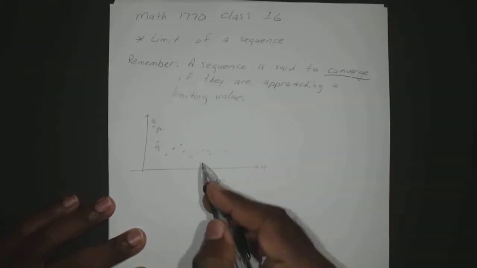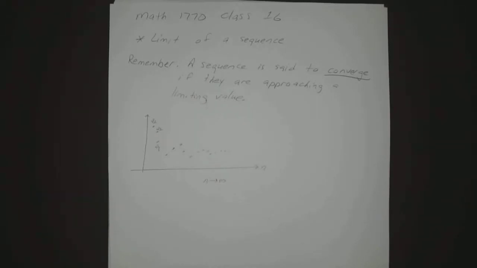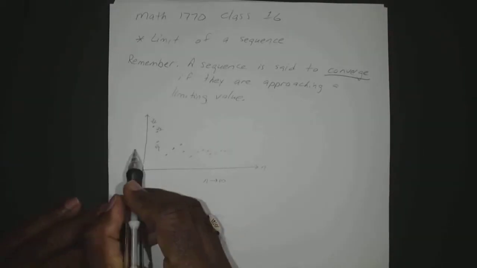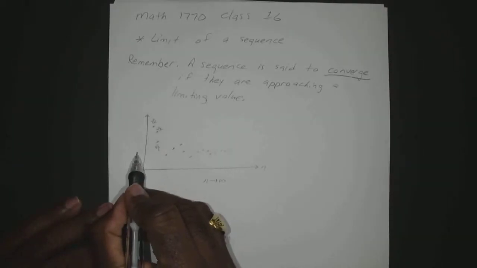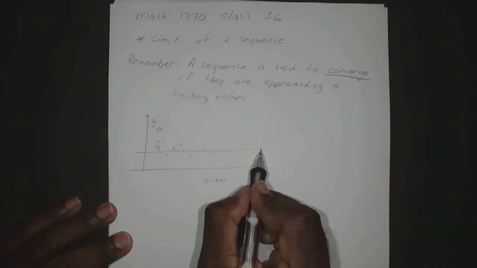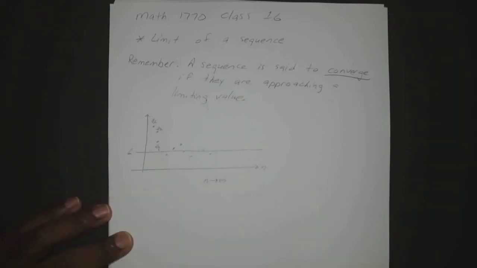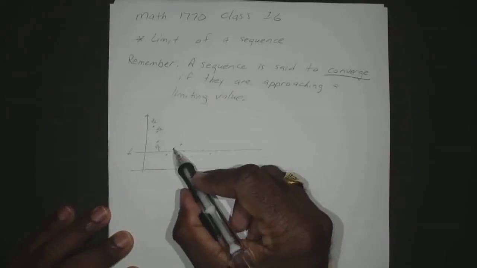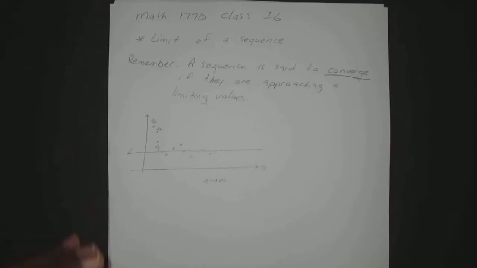It can even oscillate as long as it gets closer and closer to a limit value. So let's say this is your limit value here. You can bounce up and down past it as long as it's converging towards it.